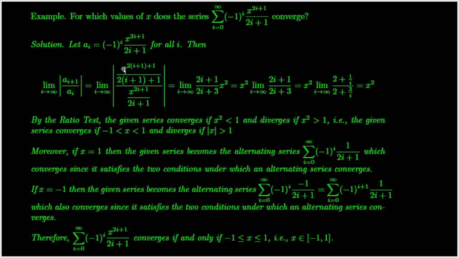So do you see the numerator? If you replace i with i plus 1 in brackets, you have the numerator, right? And then the denominator is a_i. I removed the signs because we are taking the absolute value. With or without the sign, the same thing, right? If you include the sign, I believe the sign inside should be negative, but you can remove it because of the absolute value.